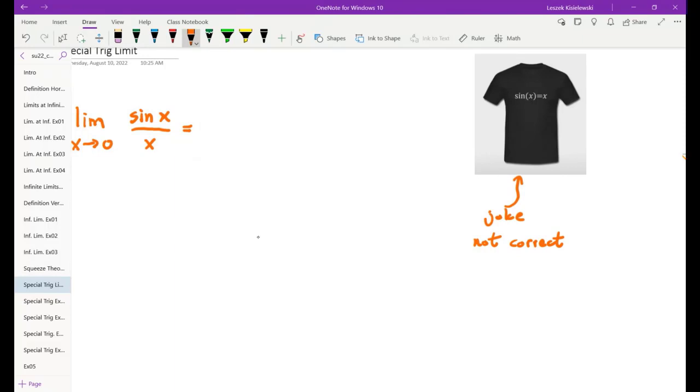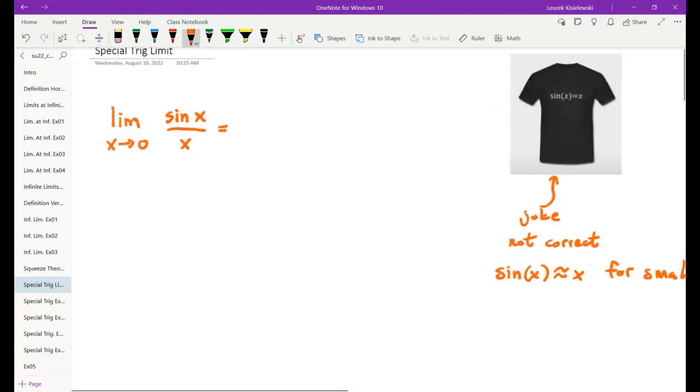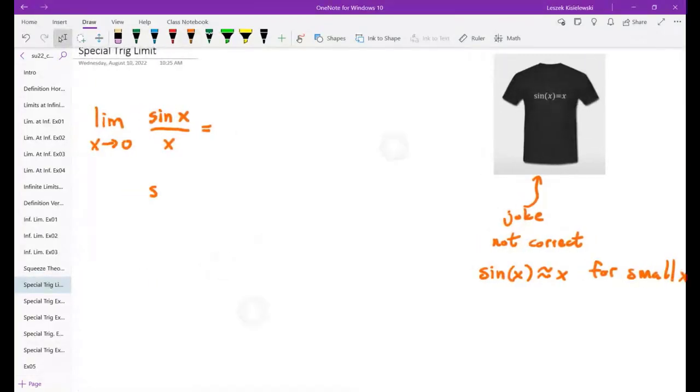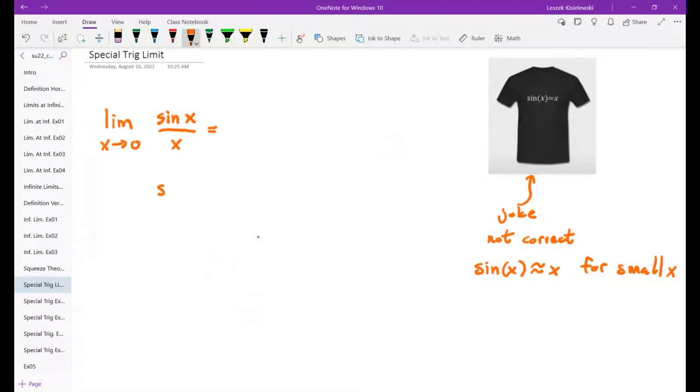The joke is, it's an engineering joke, that sine of x is very close to being x for small values of x, so for x near 0. And that's useful when you want to approximate stuff. This approximation helps anticipate what this limit should be, because x is approaching 0.